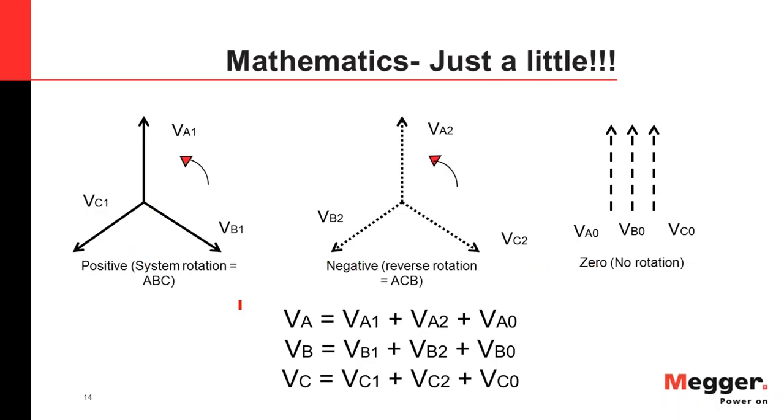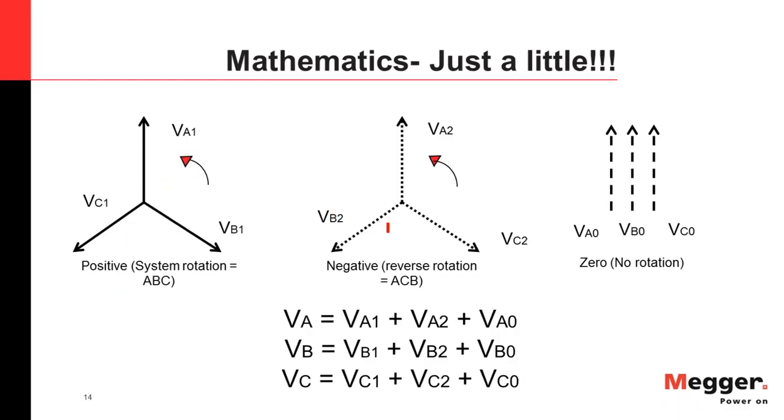Now let's talk about what exactly they are and their physical significance, where they will be present. The positive sequence is a vector for a balanced system. I'm assuming my system rotation is ABC, which means my positive sequence vector would be exactly like my system vector, with ABC rotation.